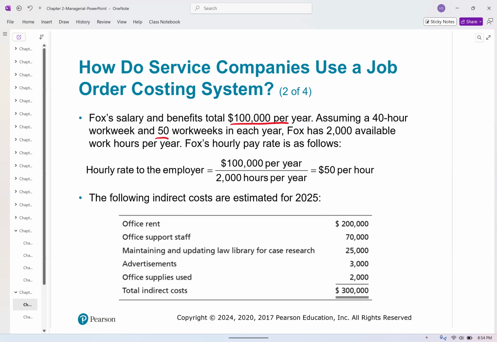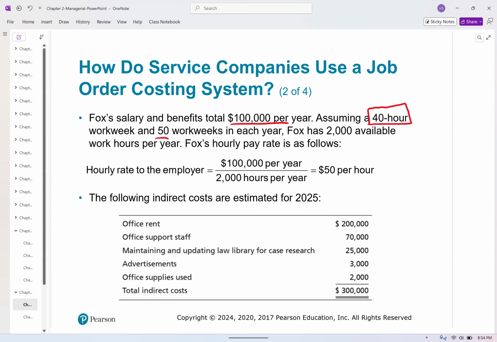Fox has 2,000 available work hours per year. Let me just tell you, if you're an accountant, you're probably not going to be working 40 hours a week. You're probably going to be working more. So that per hour looks great. If you only work 40 hours, it's probably going to be closer to 60 or 70 hours a week, so then your per hour amount goes down. But that's how salaried employees actually work.